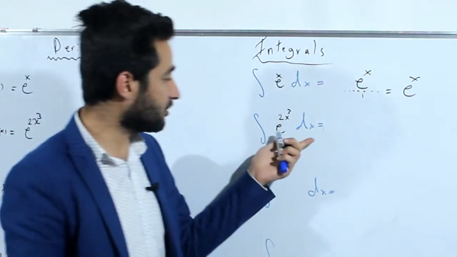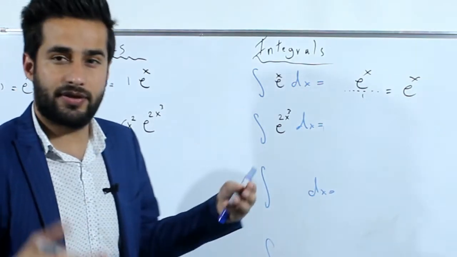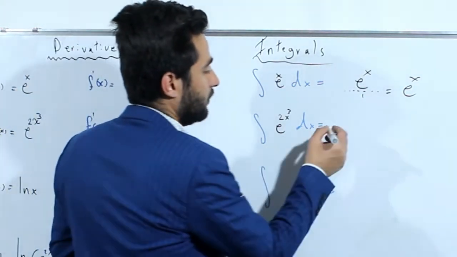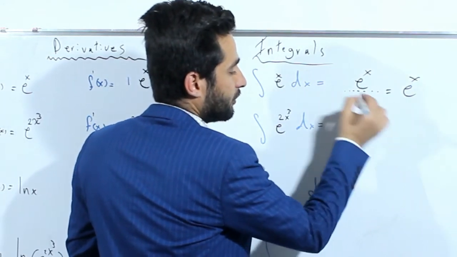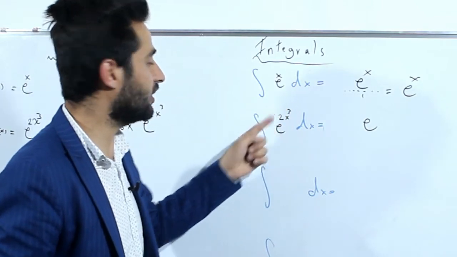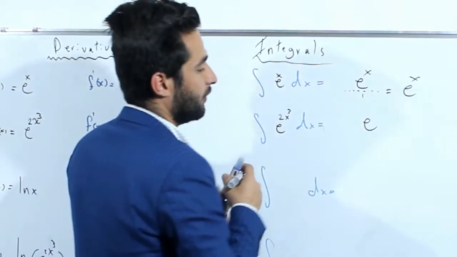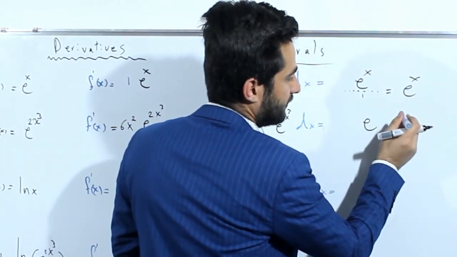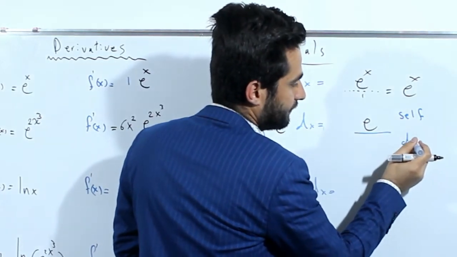Let's take the integral of this function, which we call a composite function. So this is equal to e to the power of, same thing, we don't have to change anything here, same thing, itself. Look, we have to write here self, we have to write here derivative.